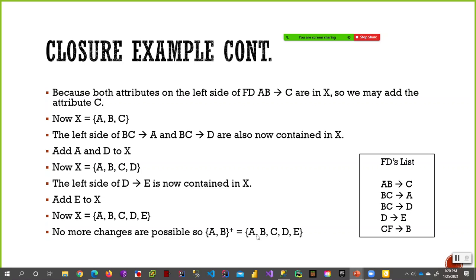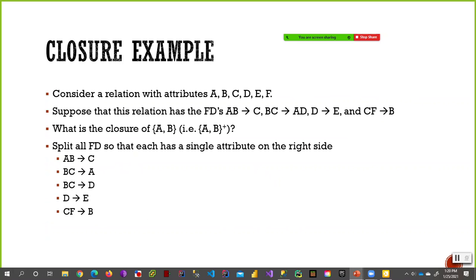They're redundant. In reality, if I asked you to list all the functional dependencies that result from the closure of AB, you would list AB functionally determines C, AB functionally determines D, AB functionally determines E. And if I asked you to give me a list of all the functional dependencies inside of a relation, given the closure, then you would list all of the original functional dependencies, right?